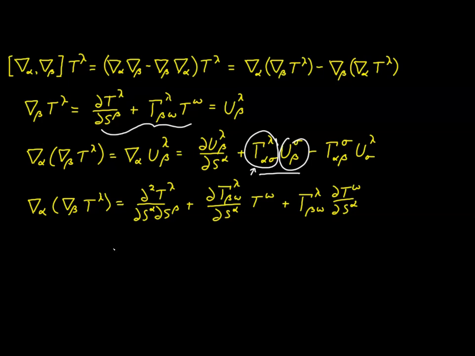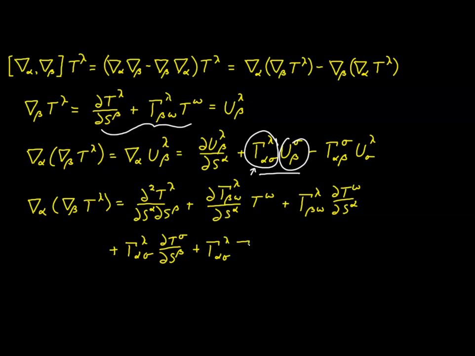We'll have a plus gamma lambda alpha sigma, that's this term, and we'll distribute that first to this one, replacing lambda here with sigma. So this is the partial of T sigma with respect to S beta. And then we'll distribute it to this last term, which is going to be gamma lambda alpha sigma, distributed to this, again replacing lambda with sigma.